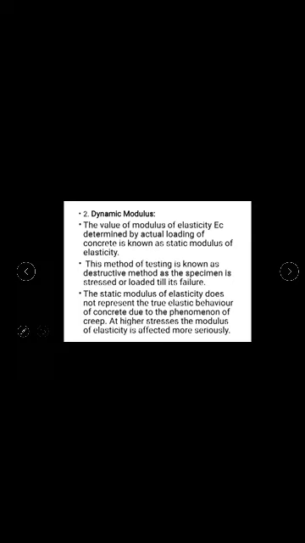Creep also does not significantly affect the initial tangent modulus. So that is why the value of initial tangent modulus and dynamic modulus is approximately the same, but the value of dynamic modulus is appreciably higher than the secant modulus. The relationship between static and dynamic modulus is given in various experiments. You can see it on the net.